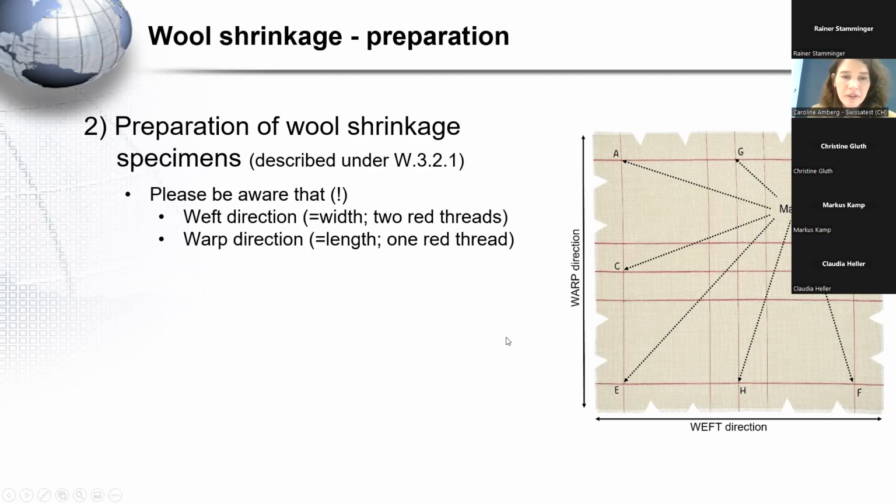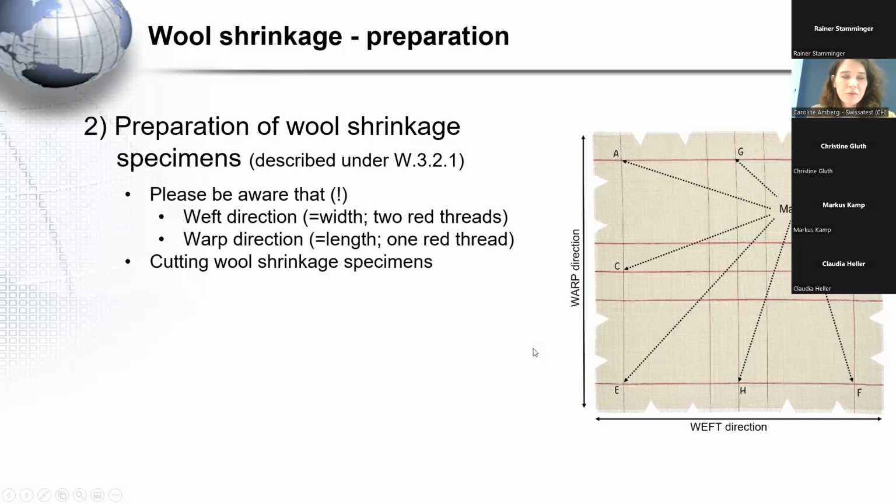And in the warp direction, it's only 1 red thread, so it's thinner. You will also see that in the movie later on. So it's easy to distinguish, but you have to take care that you really have it the right way in front of you when you mark it. So this is important.